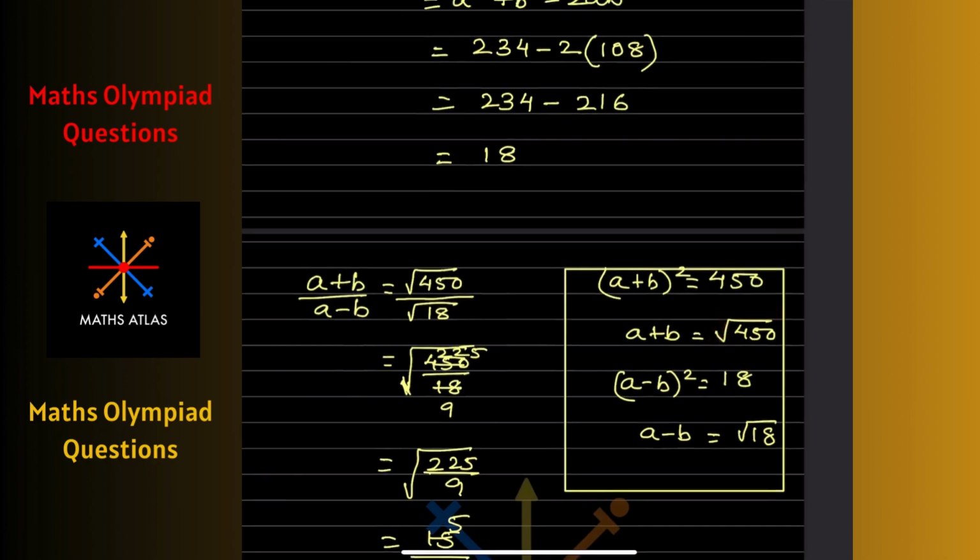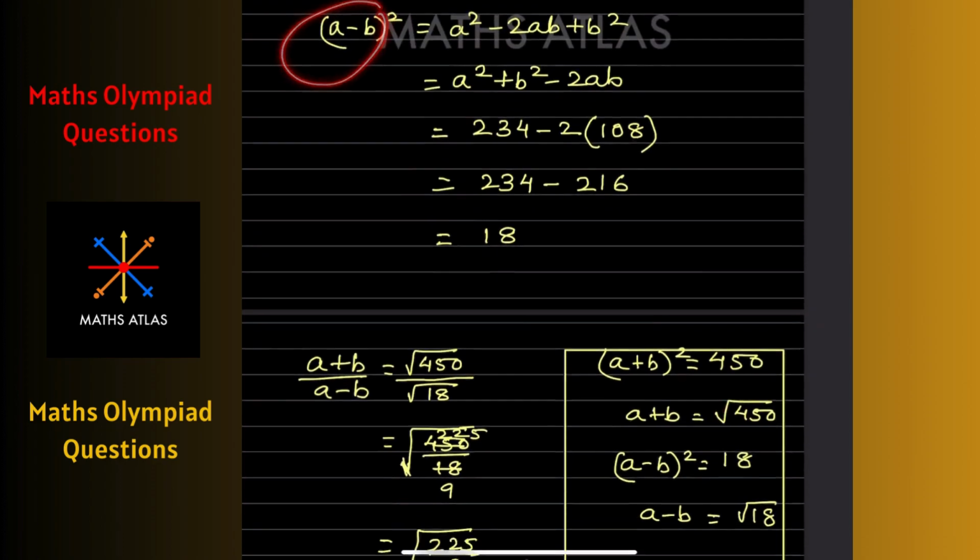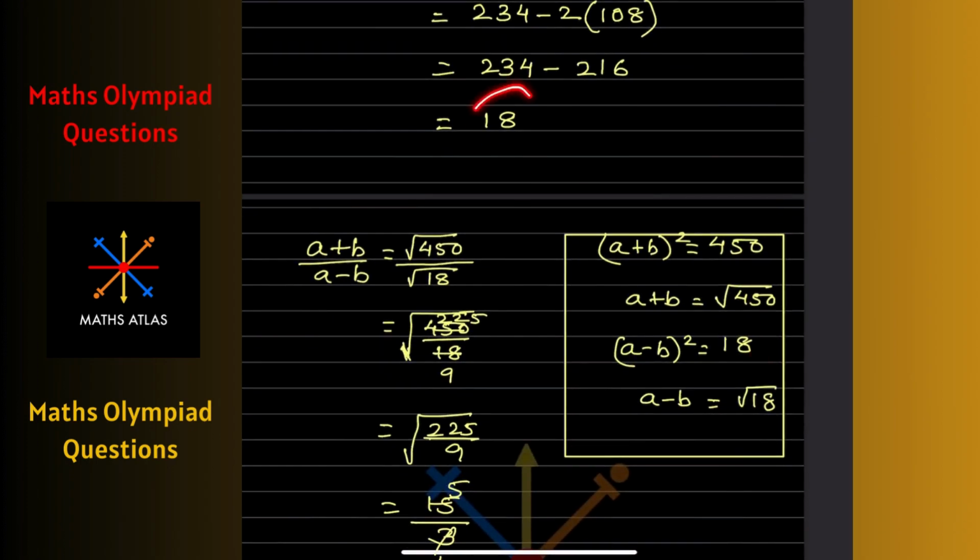Again, we know here that a minus b whole bracket square is 18. When we take the root of both sides, a minus b is going to be root of 18. So let us write a plus b as root of 450 and a minus b as root of 18.